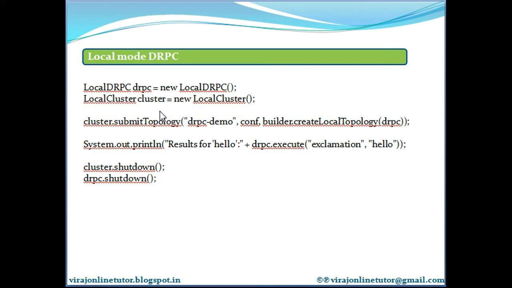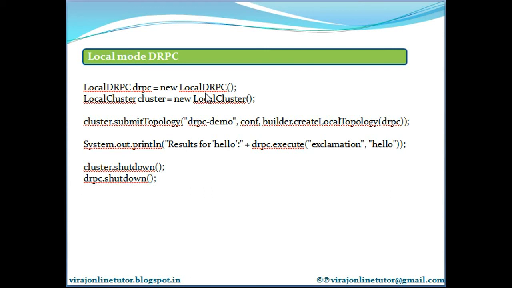So now the topology is in local mode, and also the DRPC is planned to be run in local mode. In local mode, the local DRPC object does not bind to any ports.